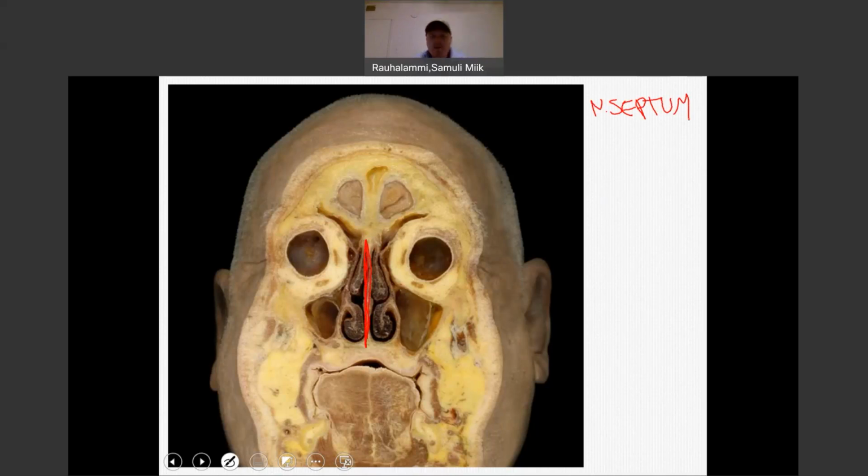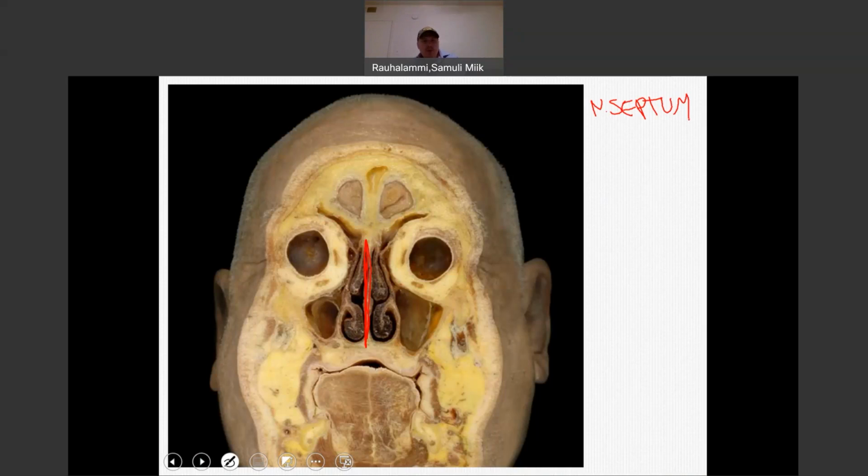On this particular individual, it is very straight. That is not always the case. The nasal septum is not always that straight, so don't be surprised if on a patient you see it being less symmetrical. But in general it does form the midline that separates the two sides of the nasal cavity.